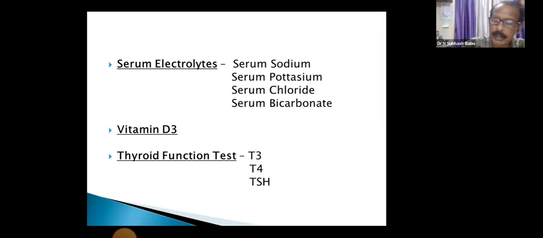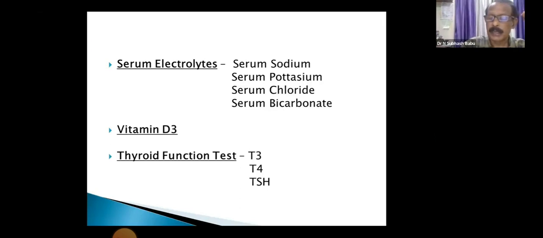So if a young patient, or any patient, comes to you with severe fatigue, dyspnea, laziness, and excessive sleep, then you think about hypothyroidism or subclinical hypothyroidism, and you must see the TSH level of the patient.